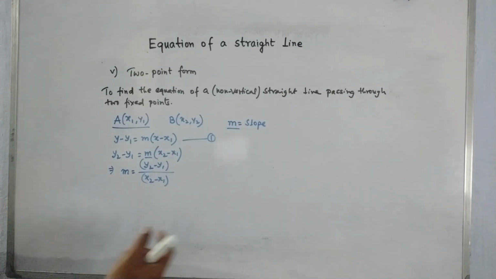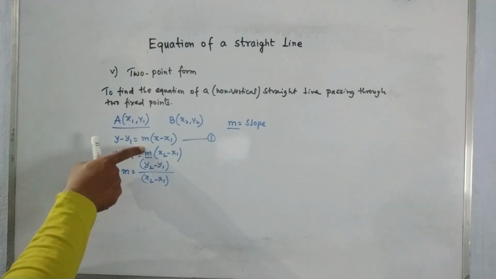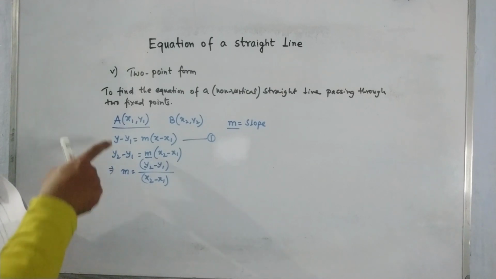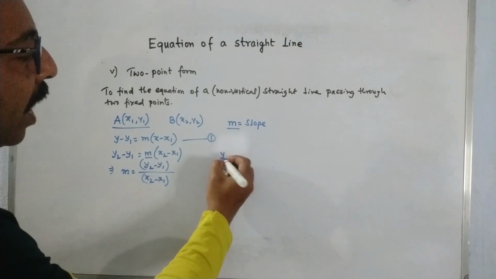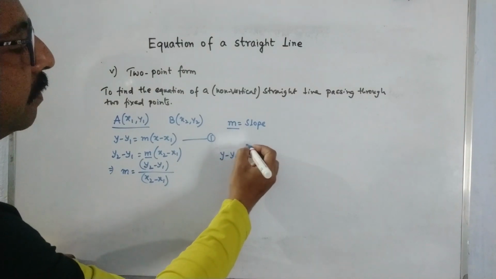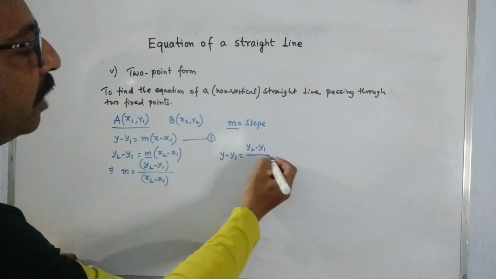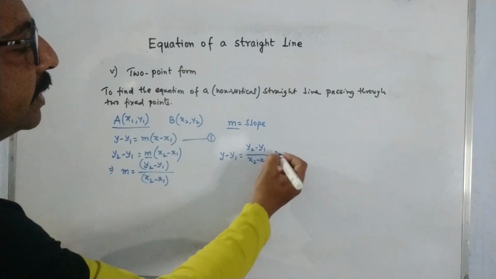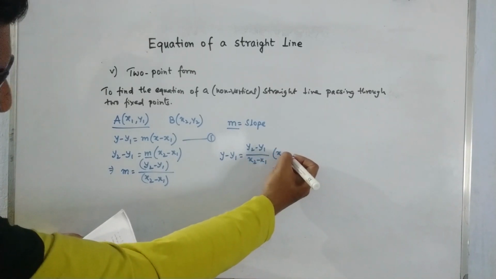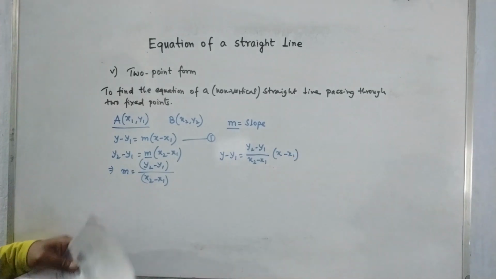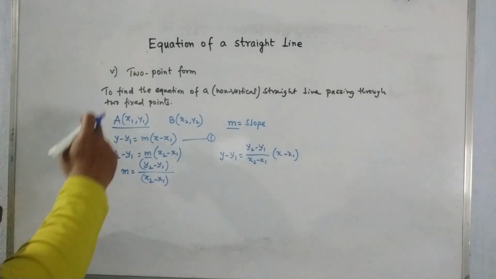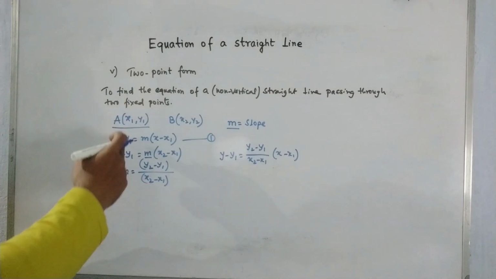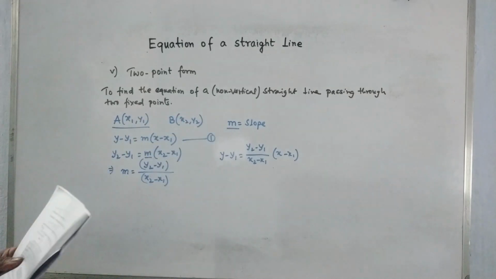So to eliminate m and to write the equation, from the first equation we have y minus y1 equals y2 minus y1 by x2 minus x1 into x minus x1, which is the required formula of the straight line passing through the two points with coordinates x1, y1 and x2, y2.